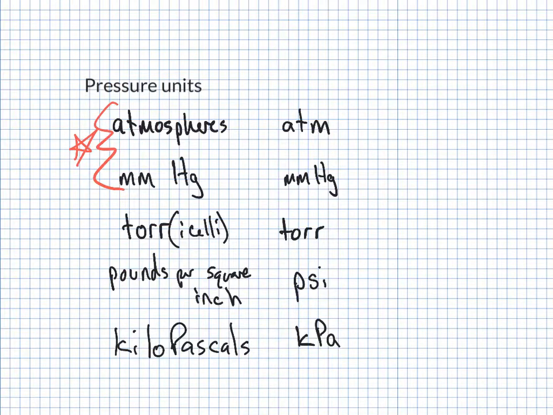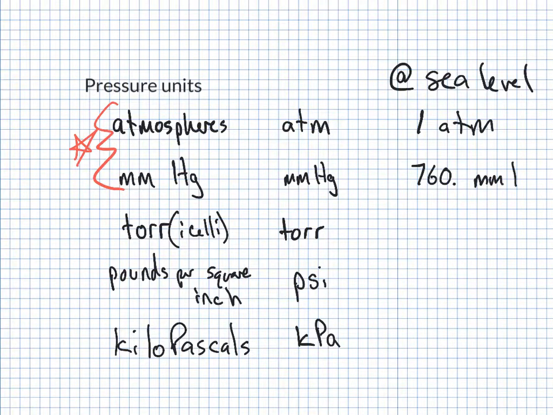Now, what do these things all equal? At sea level, you're going to see these values. 1 atmosphere at sea level is standard atmospheric pressure. We already know that is equal to 760 millimeters of mercury. And here's an interesting thing.